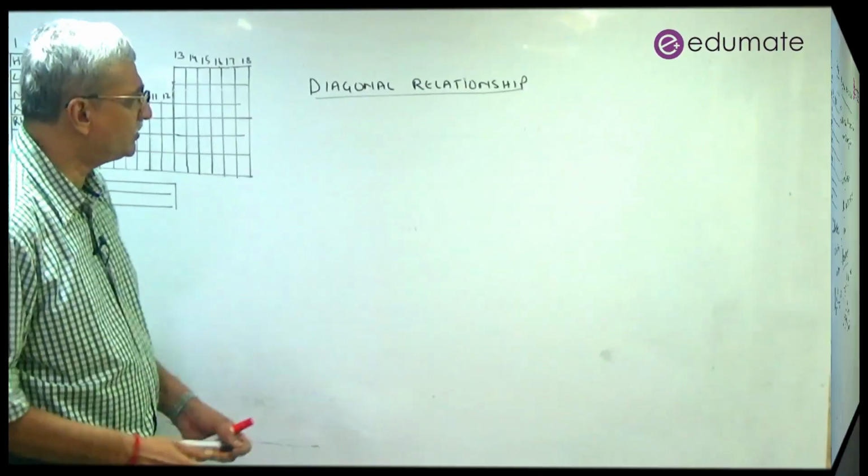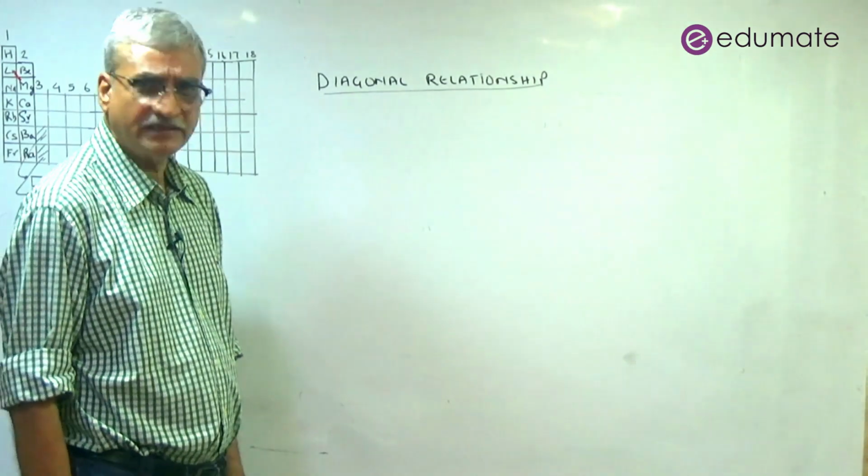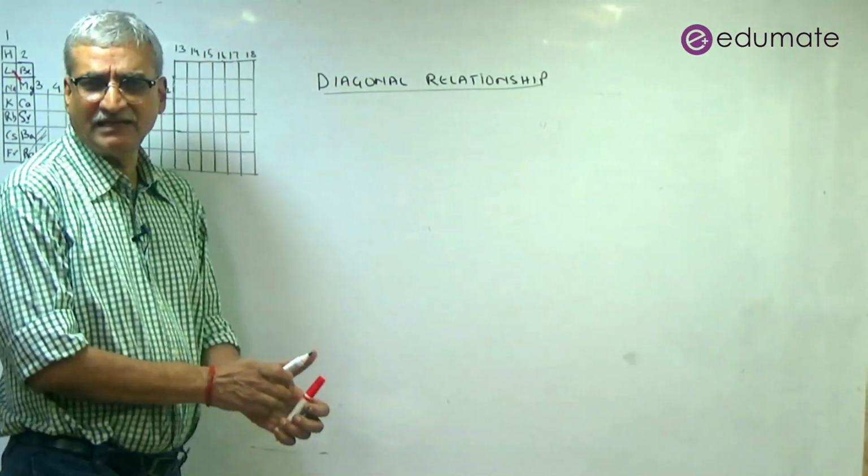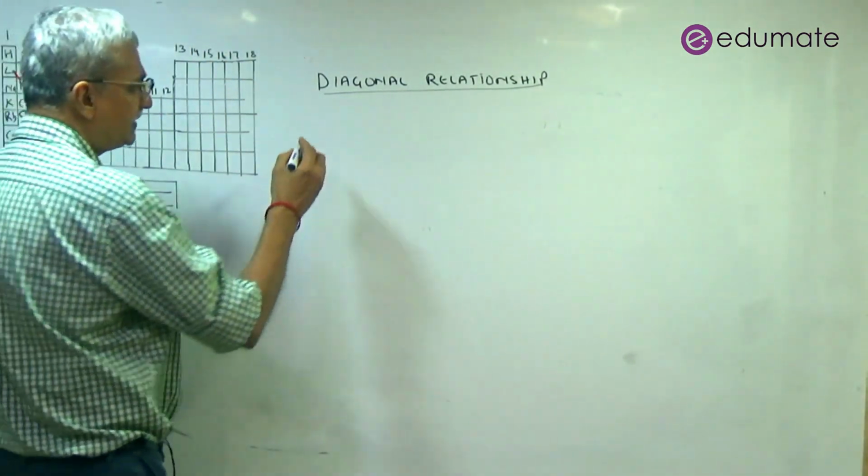Now this was about the anomalous behavior of lithium. We now talk about diagonal relationship. So what is diagonal relationship? A general statement I will explain.